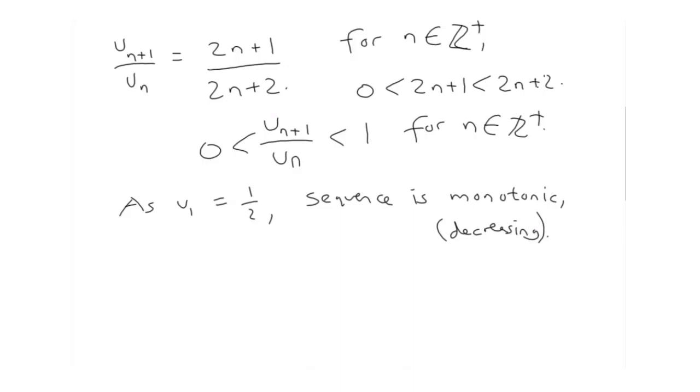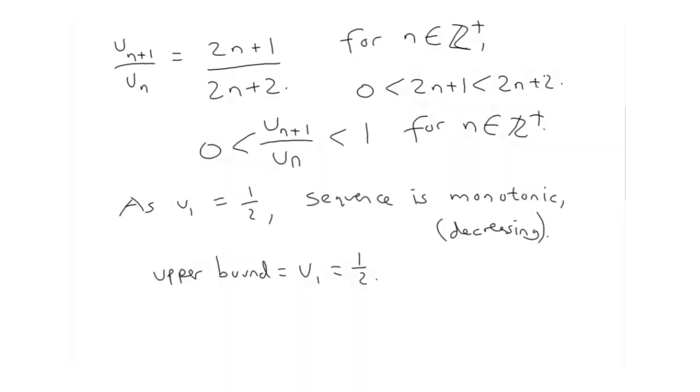So each term is getting smaller, and every term is positive, right? So because we know it's monotone decreasing, then u_1 must be the maximum value. So the upper bound equals u_1 equals 1/2.